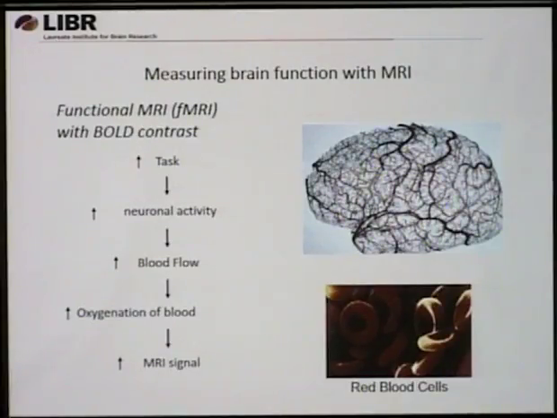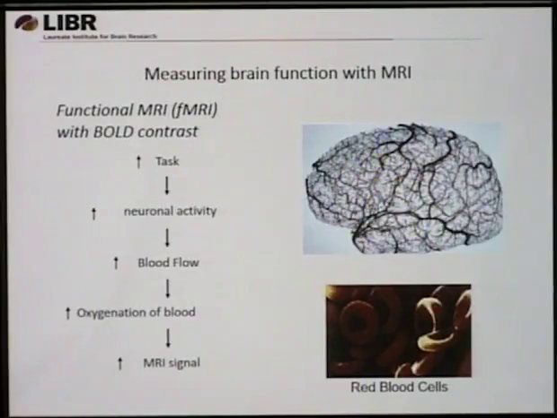So we were lucky because of how our blood is made, that we have an internal contrast in our body, and we can measure the signal changes induced by this contrast. So we don't need to inject anything, like some artificial, unhealthy contrast for our body. It's just inside us, really.